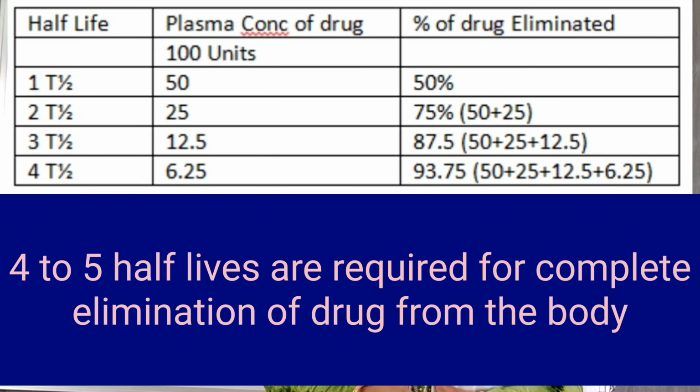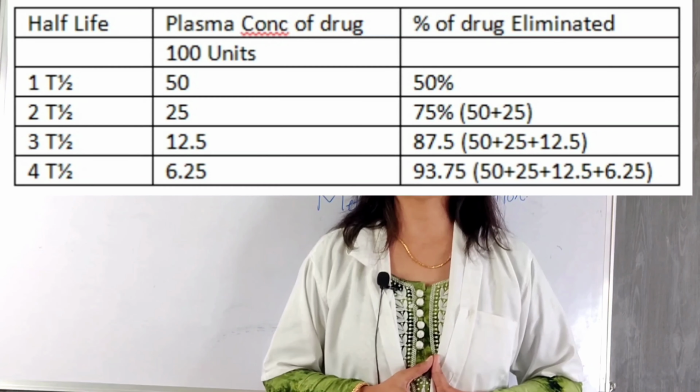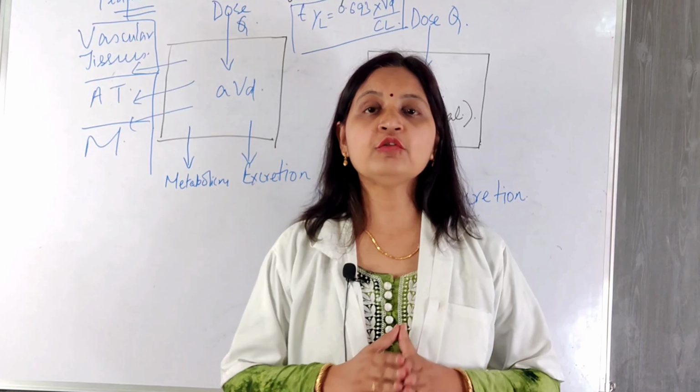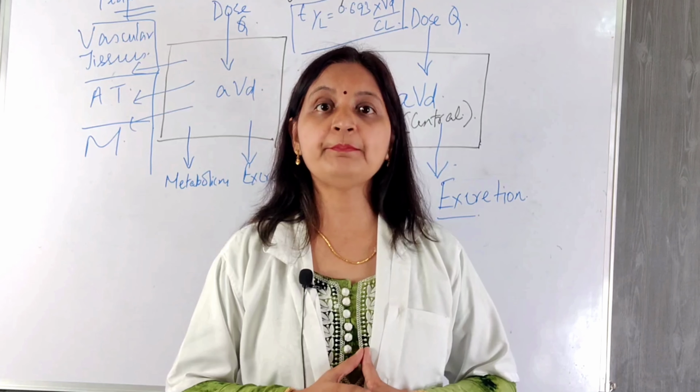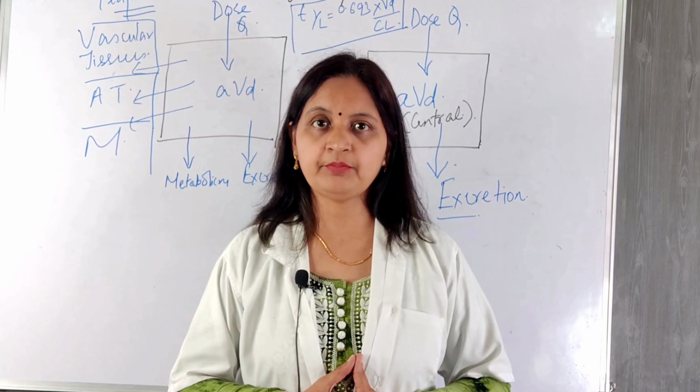The percentage of drug eliminated from the body is 50 plus 25 plus 12.5, that is 87.5% of the drug is eliminated. In 4 T halves, there is further reduction in plasma concentration by 50% and 93.75% of the drug is eliminated from the body. So 4 to 5 T halves are required for complete elimination of drug from the body.